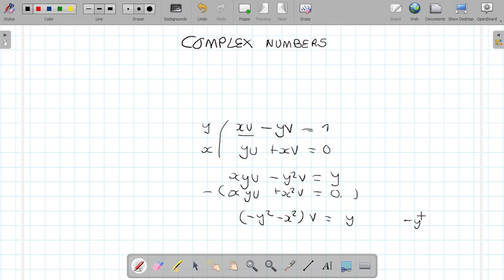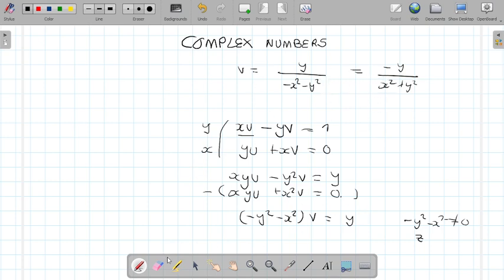Because we know that minus y squared minus x squared is not 0. This is because z is not 0 by definition. So here we have that v is equal to y divided by minus x squared minus y squared. This is the same as minus y over x squared plus y squared if you multiply by minus 1 at the top and at the bottom. So that is your v.